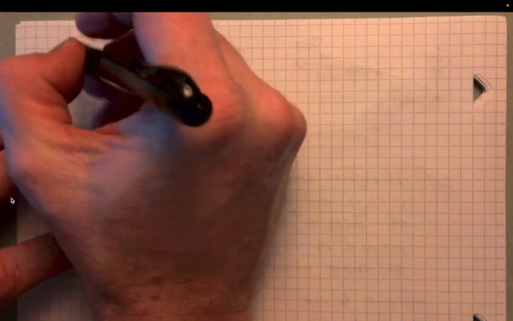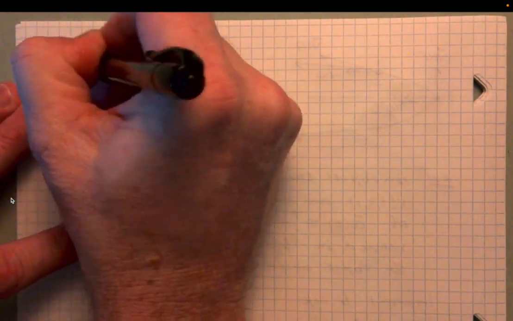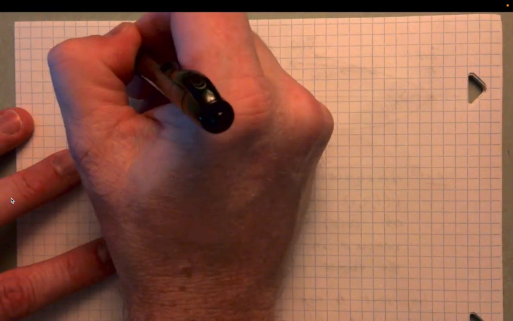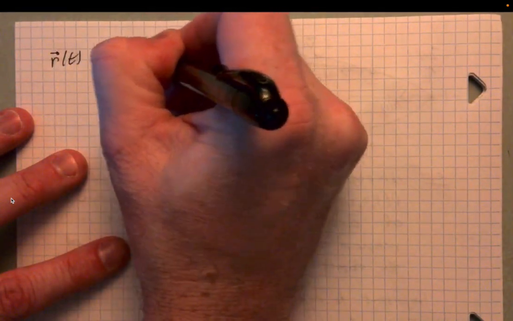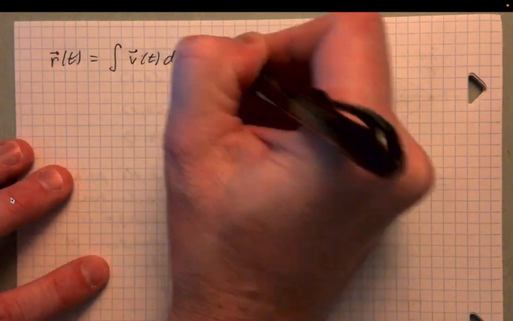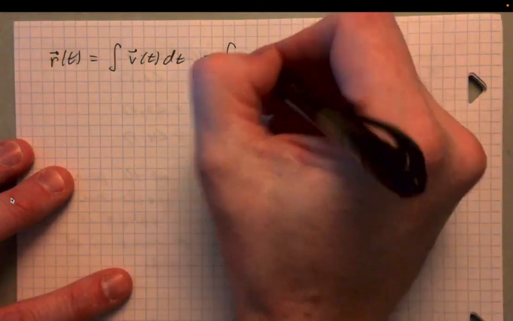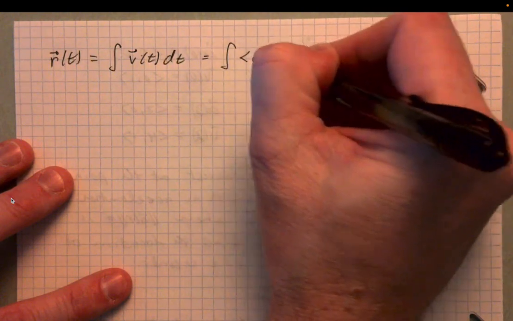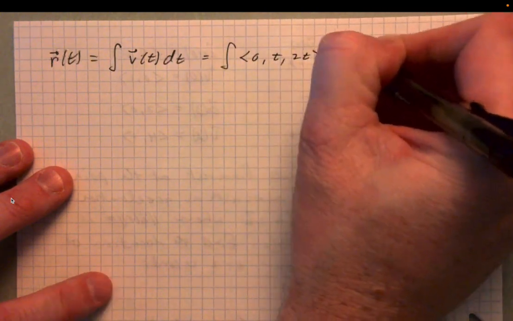So r of t, the position function, is going to be equal to the integral of velocity, which is what we just saw: 0, comma t, comma 2t dt.